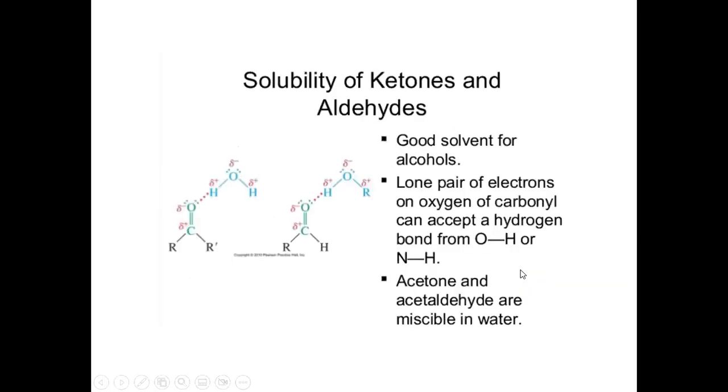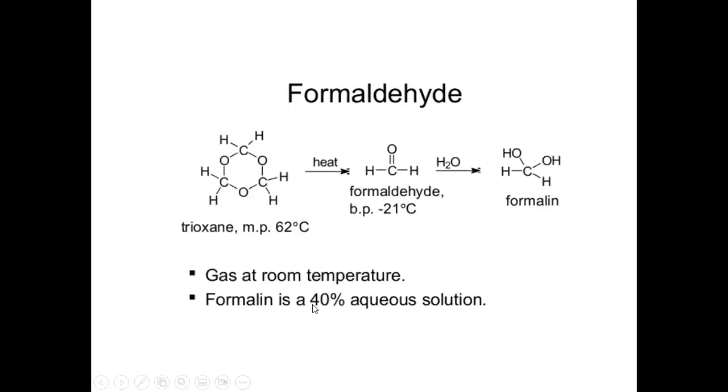Okay, the solubility of ketones and aldehydes. They are a good solvent for alcohol, right? Because they have a lone pair of electrons on the oxygen of the carbonyl, which can accept a hydrogen bond from OH or from NH. So acetone and acetaldehyde are miscible in water. I'm sure you know that acetone and acetaldehyde can easily dissolve in water, right?